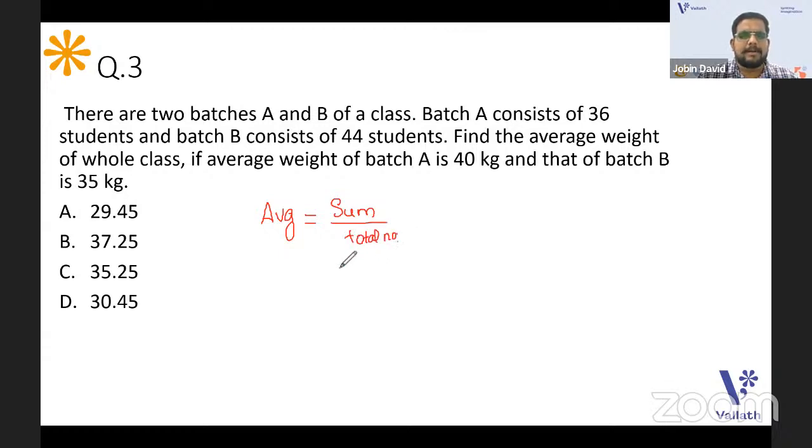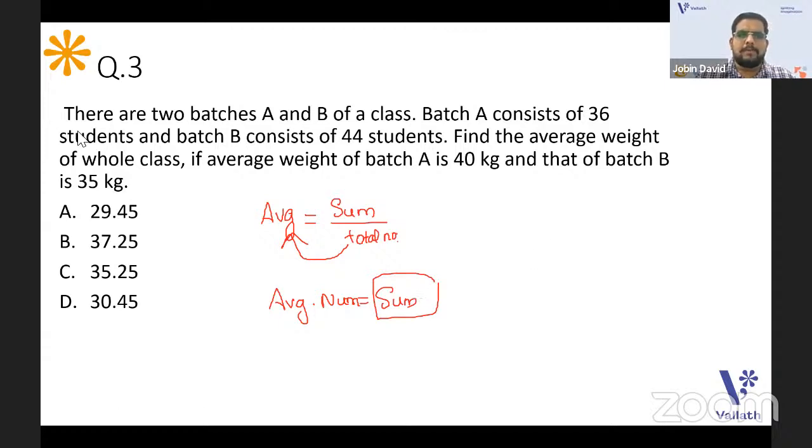If you want the sum, just multiply the average into the total number. Average into the number gives the sum of all those numbers. This should be in your mind. That is the thing you want to remember.